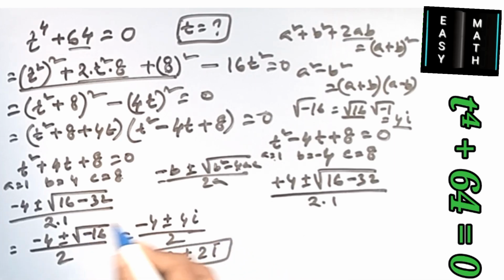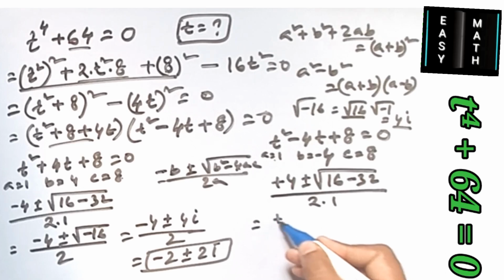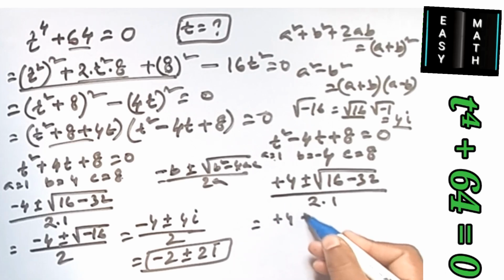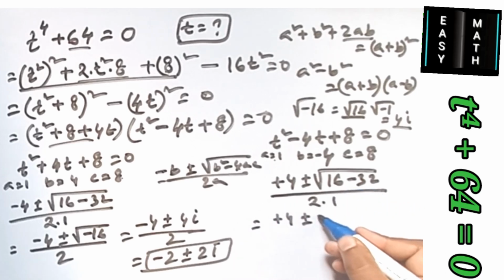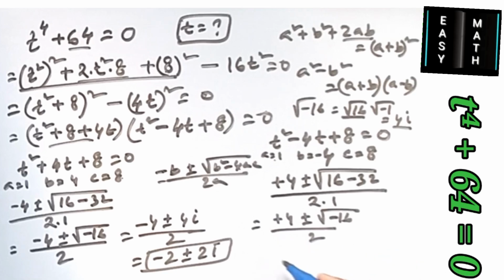And similarly there this is 4 plus minus root of minus 16, divided by 2, and from here minus 16 gives 4i, divided by 2.